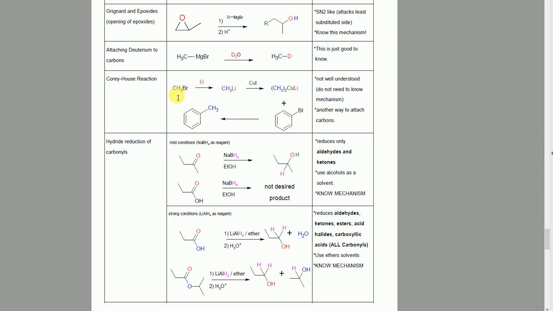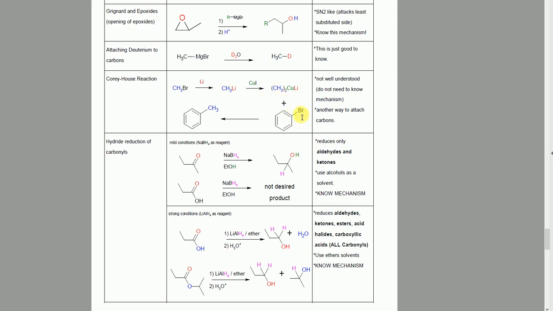So this is your CH3 group, the Br. You use lithium, so you use an organolithium reaction. Then it becomes CH3Li, so this becomes essentially like the Grignard, almost the same. And then you do this CuI step that makes (CH3)2CuLi. And then let's say you add anything that has an R group with the bromine, and essentially this would attack like SN2.